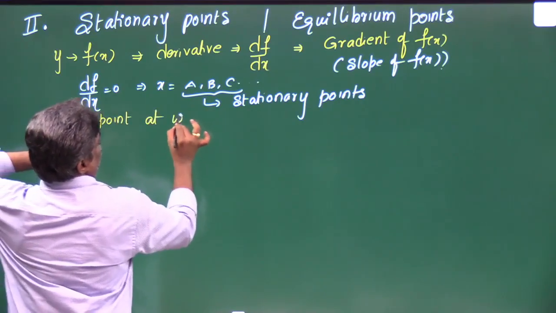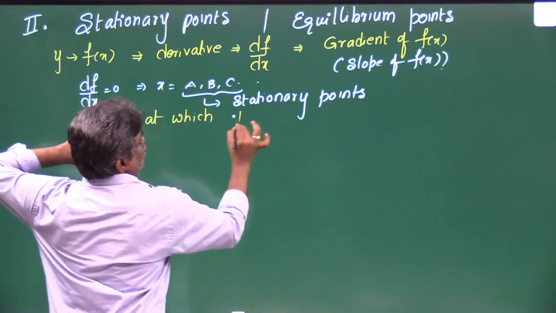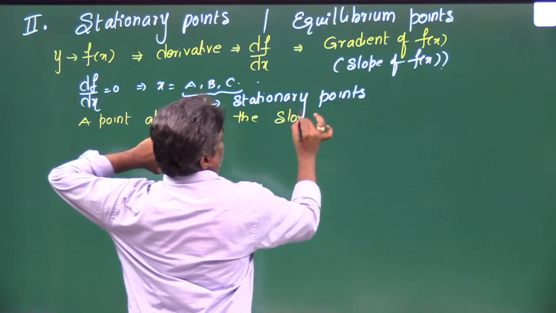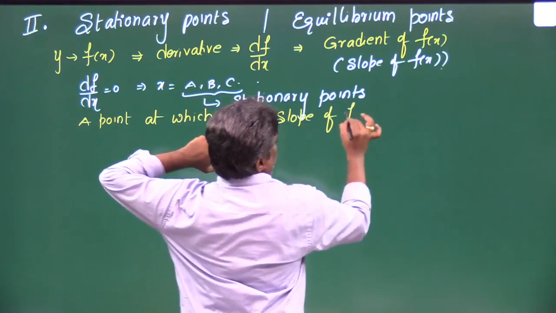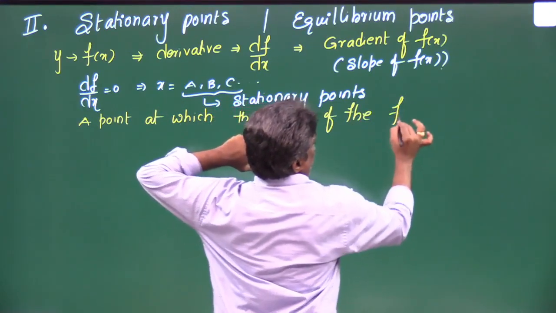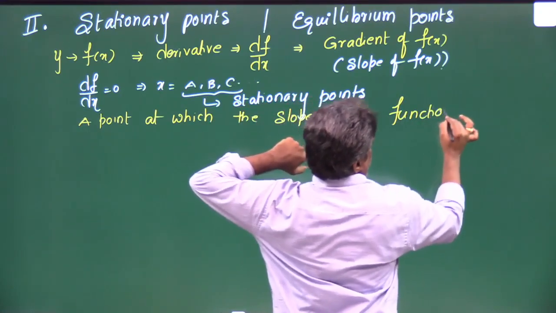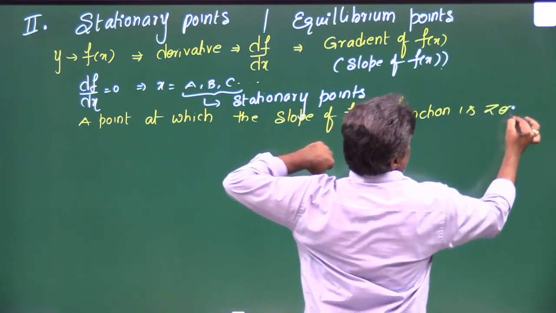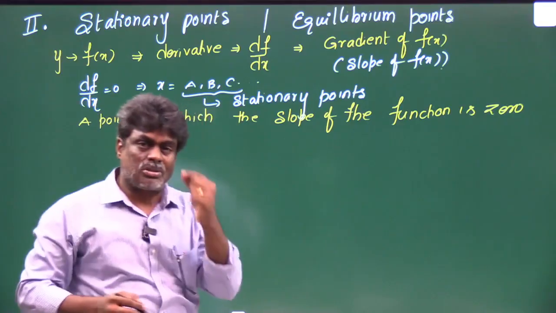So the definition of a stationary point: a point at which the slope of the function is 0. What is the meaning of slope is 0?